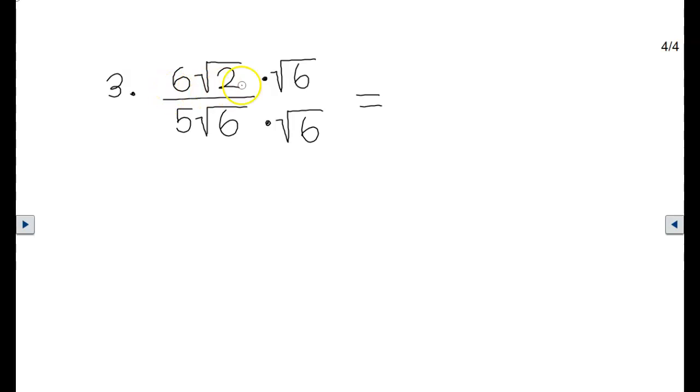All right, on the top, when we do outside times outside, inside times inside, we should end up with 6 square roots of 12. On the bottom, when we do outside times outside, inside times inside, we should get 5 square roots of 36.